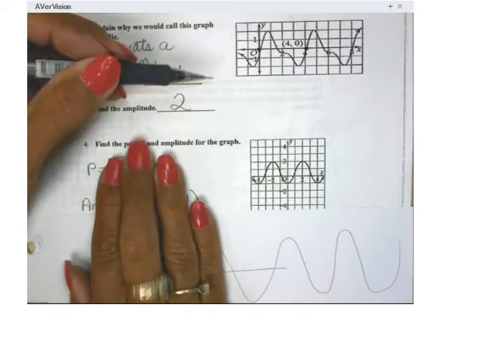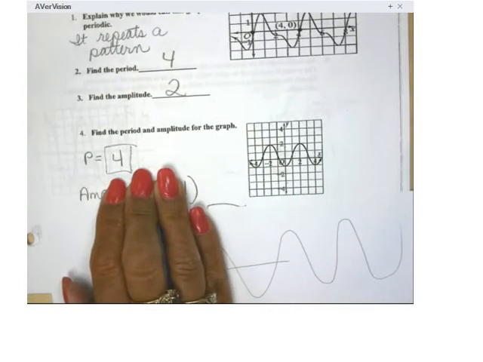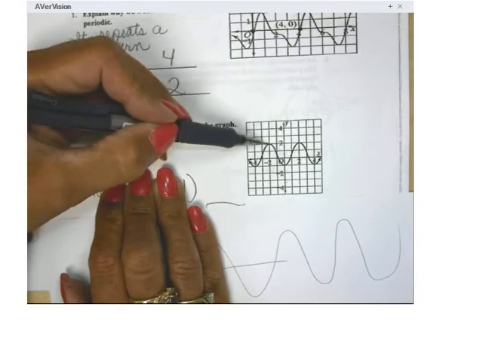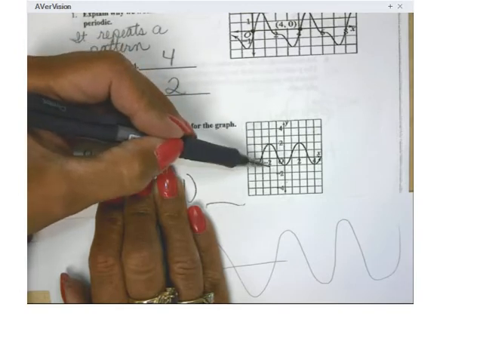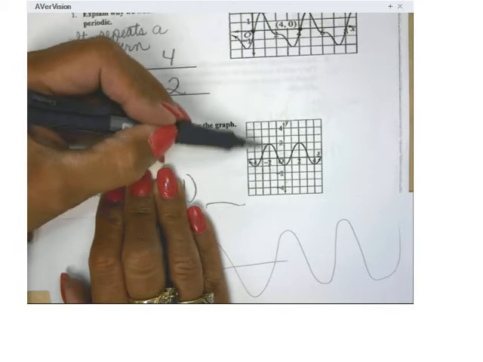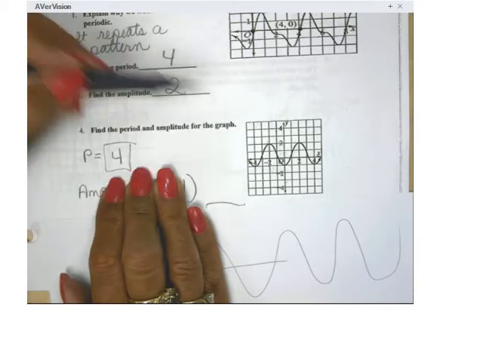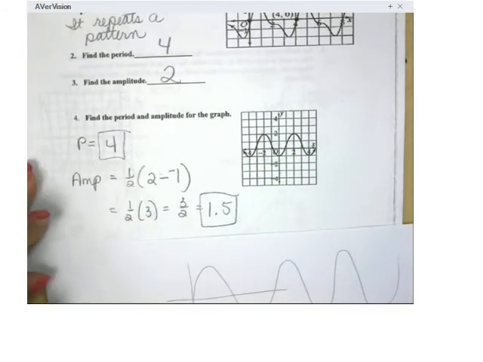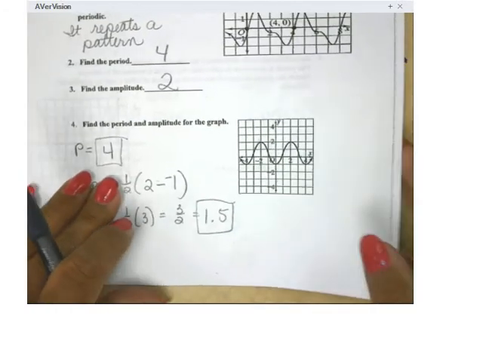So again, my period is 4. For the amplitude, the highest point on the graph is 2, and the lowest it goes is -1, so that distance is 3 units, and half of that is my amplitude. We'll be using that type of skill over and over when we graph sine and cosine functions shortly.